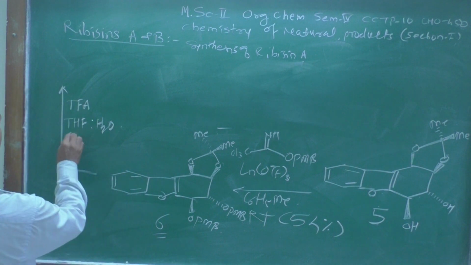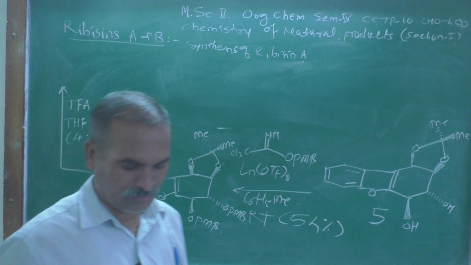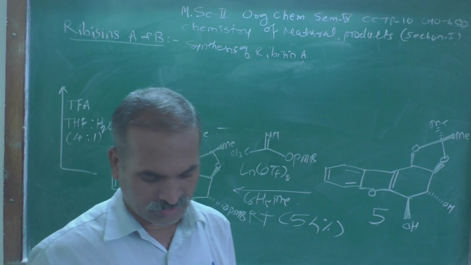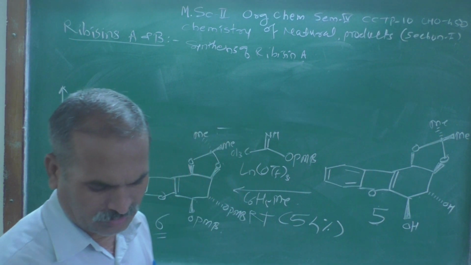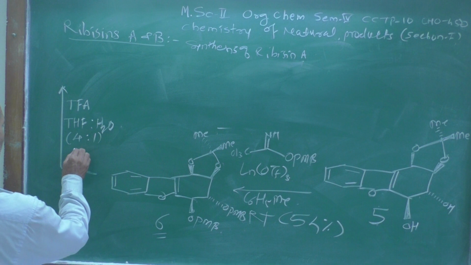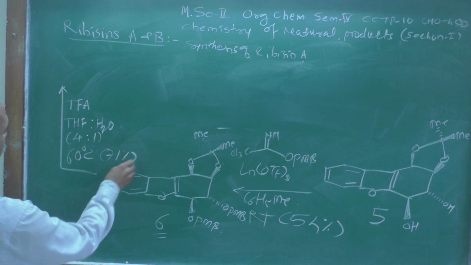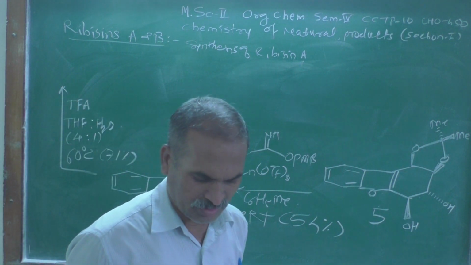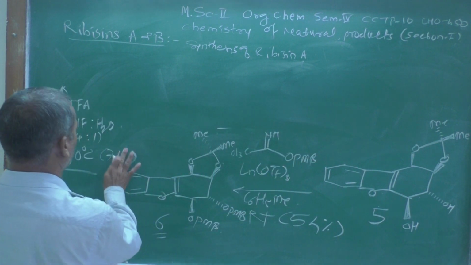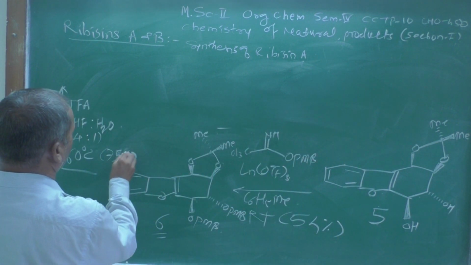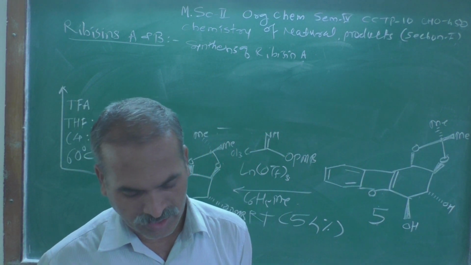The percentage taken is 4:1, 4 parts of the THF and 1 part of the water, at 60 degree centigrade, and the product is obtained approximately 75%, not the 70, that is a 75% of the product is obtained by adding these reagents.